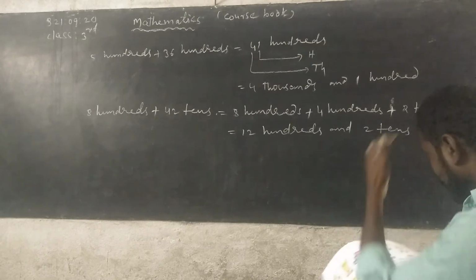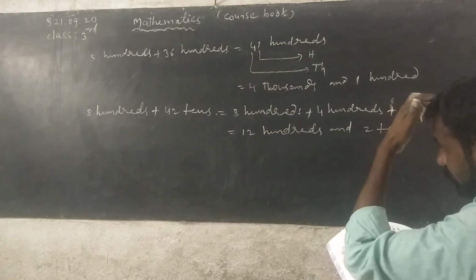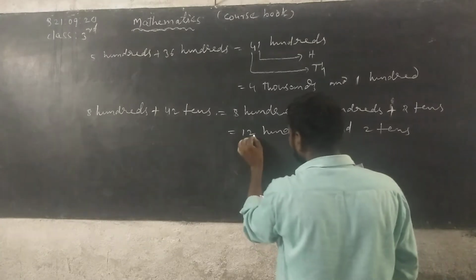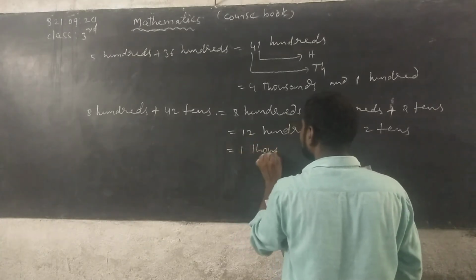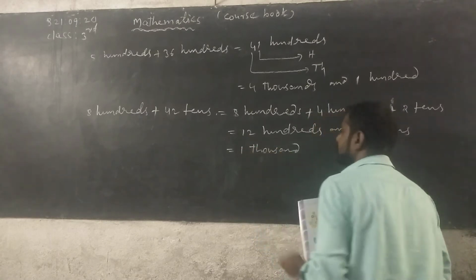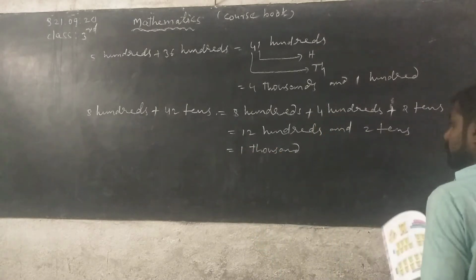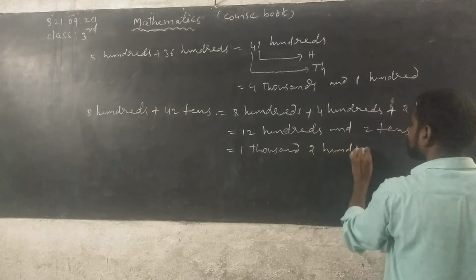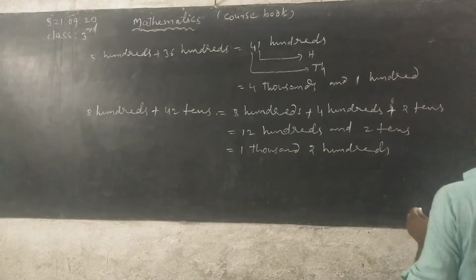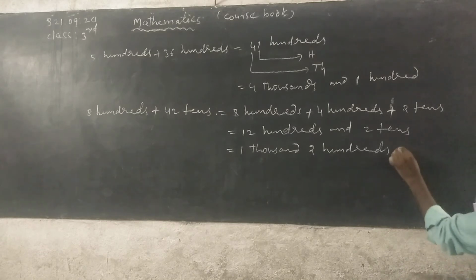Next here, 12 hundreds means 2 is in hundreds place, 1 is in thousands place. 1000, 2 hundreds and 2 tens.